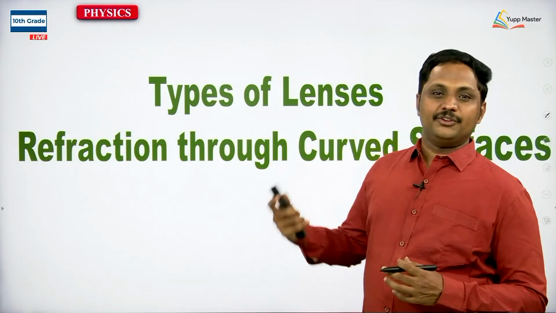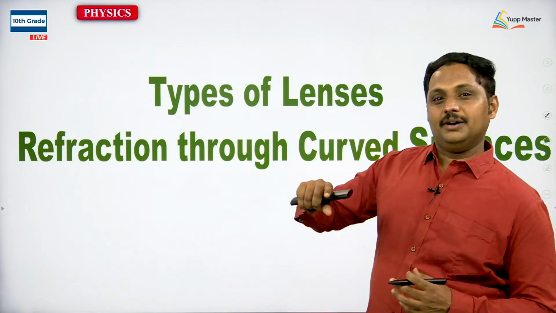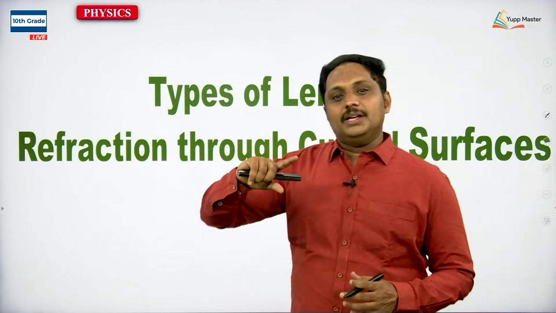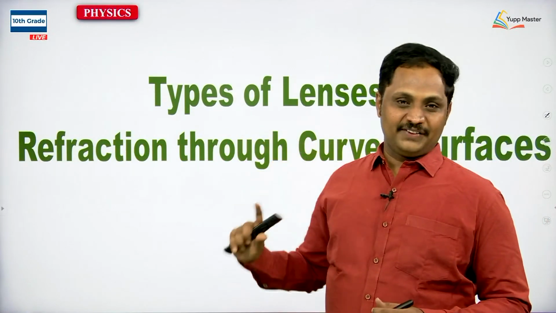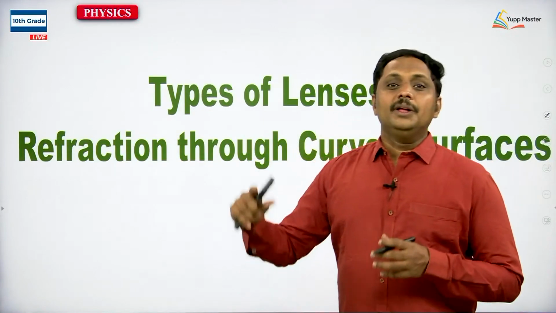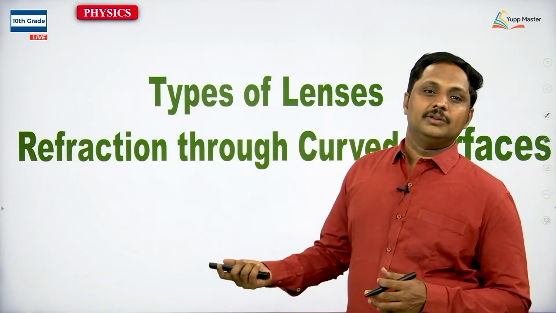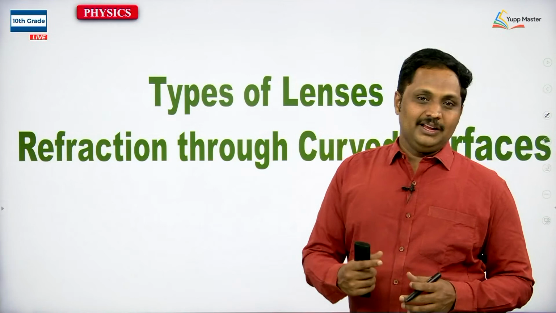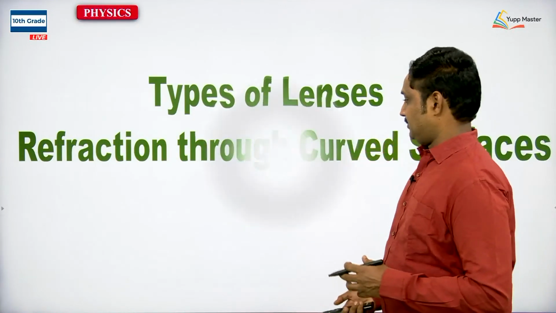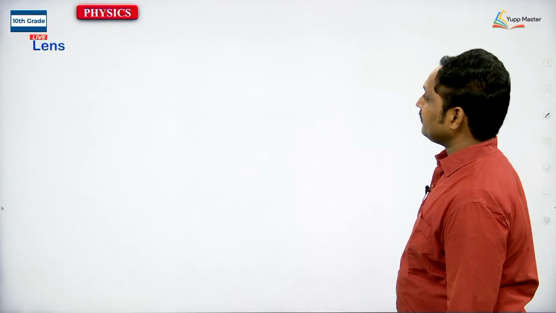In case of denser to rarer, the refracted ray moves away from the normal. In case of rarer to denser, where the light rays are incident from the rarer medium to the denser medium, the refracted ray moves towards the normal. If the light is incident normally, there is no refraction.